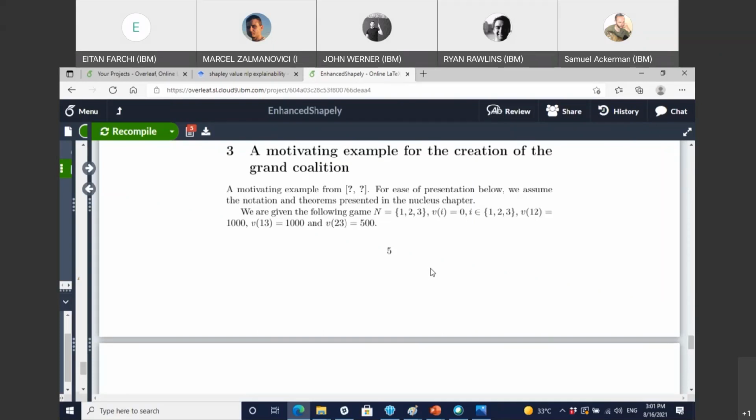So they don't determine one exact answer, but they give a lot of recommendations. And maybe that's one of the reasons that the Shapley value is picked up as the tool of choice.